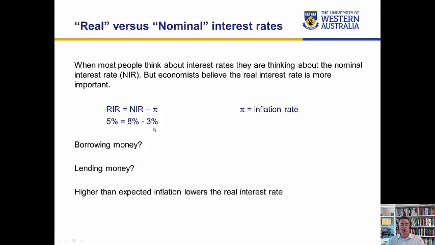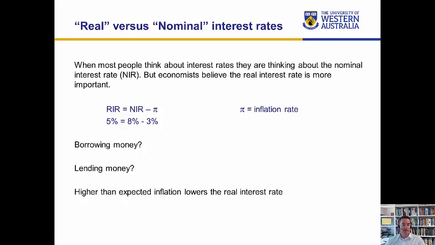So what's the intuition behind this real interest rate of 5%? Because it is the real interest rate that economists believe drives investment spending, consumption spending, and lending as well. Let's take the case second from the bottom where we're lending money. Let's imagine that you lend someone $1 million at 8% for 12 months.